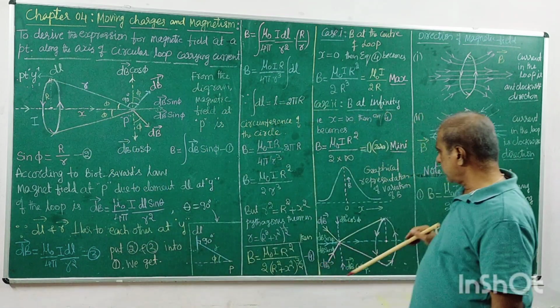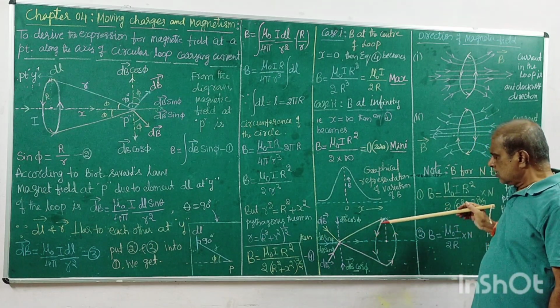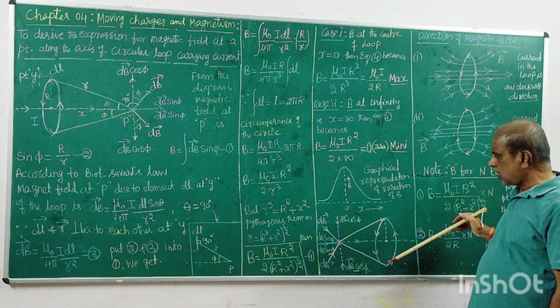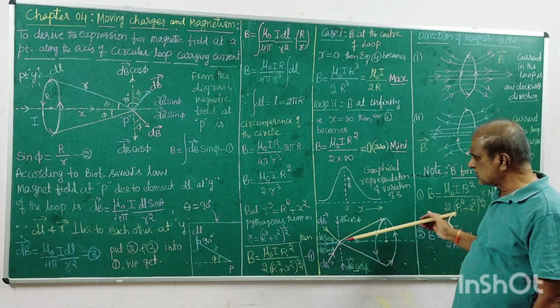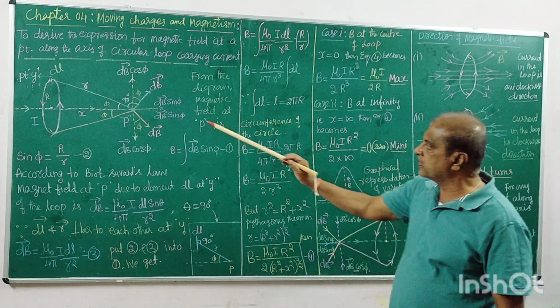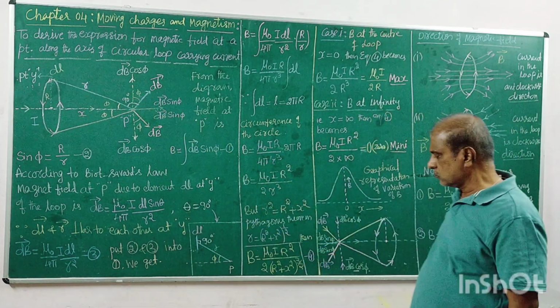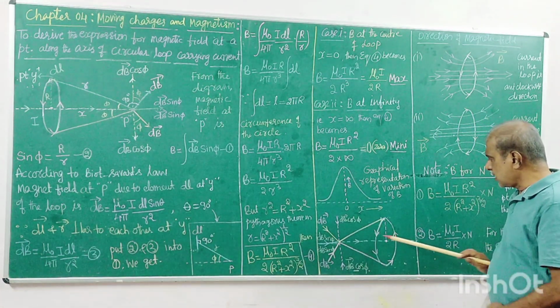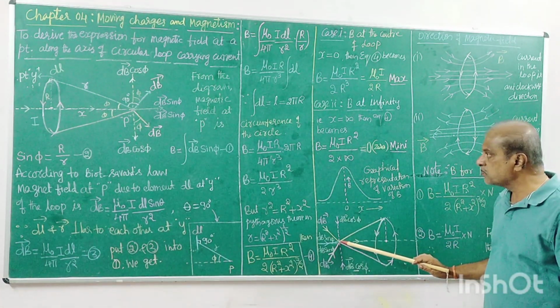What is this geometry I have written here? Same current loop, anti-clockwise. I am taking a point on this side, left hand side, where the point is on the right hand side. Whether you take the point on the right hand side or left hand side, you draw the same geometry.